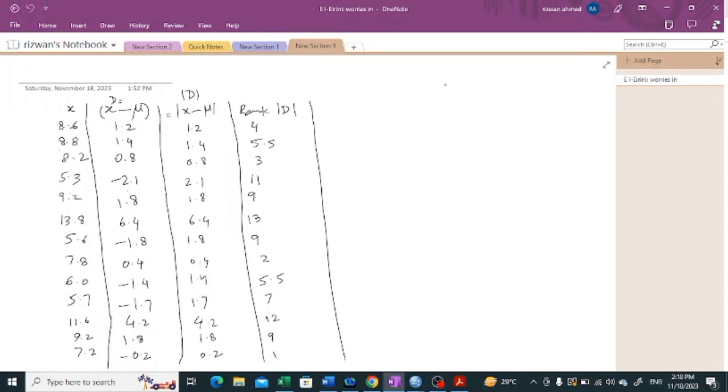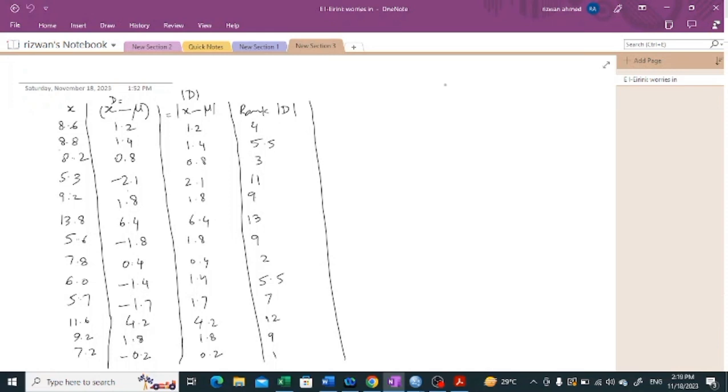The reason is the same as I told you earlier: 7.4 take away 7.4 as a mean value will give us zero difference, and zero difference cannot be assigned any sign. So X values are 8.6, 8.8, 8.2, 5.3, 9.2, 13.8, 5.6, 7.8, 6, 5.7, 11.6, 9.2, and 7.2.